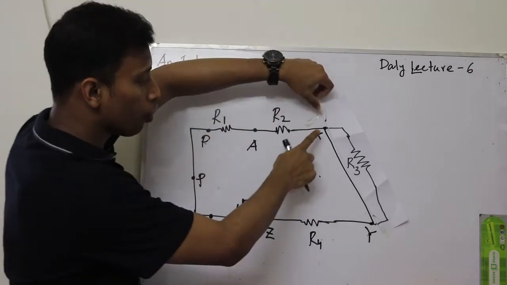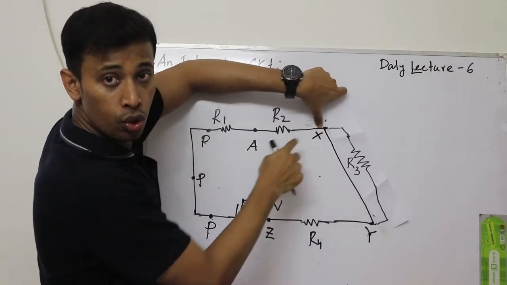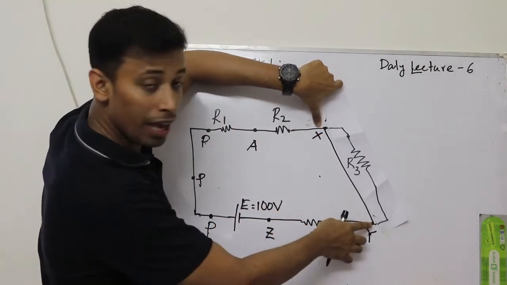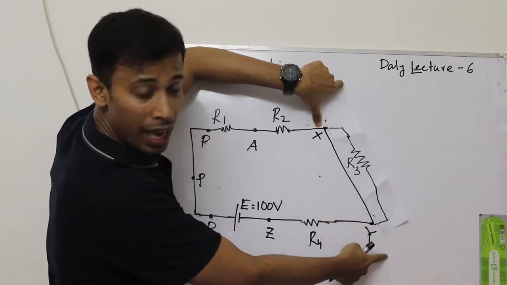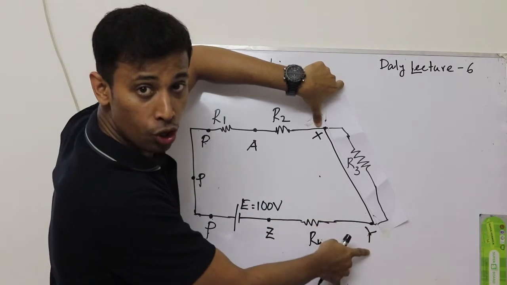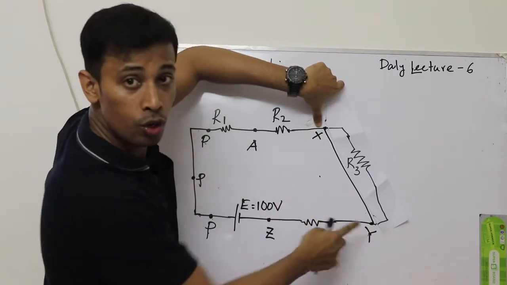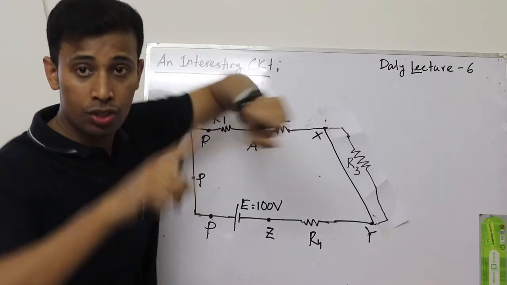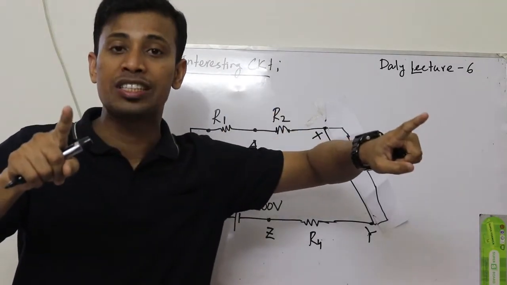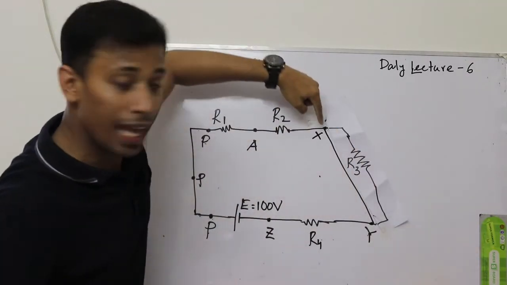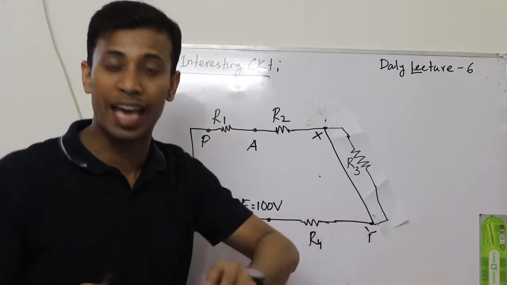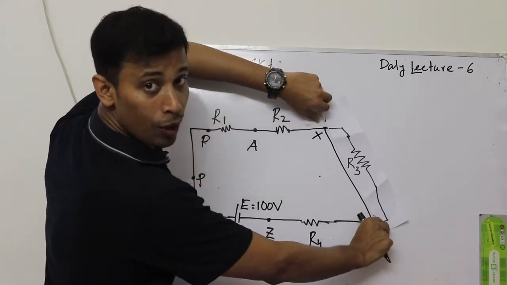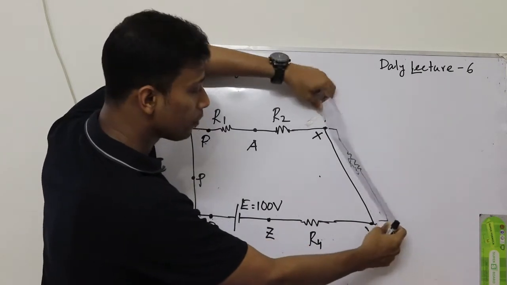So the short line will convert X, which was one point, and Y, which was another point with a resistance between them, into the same point, because in a single line potential doesn't vary. So X point and Y point now become the same.